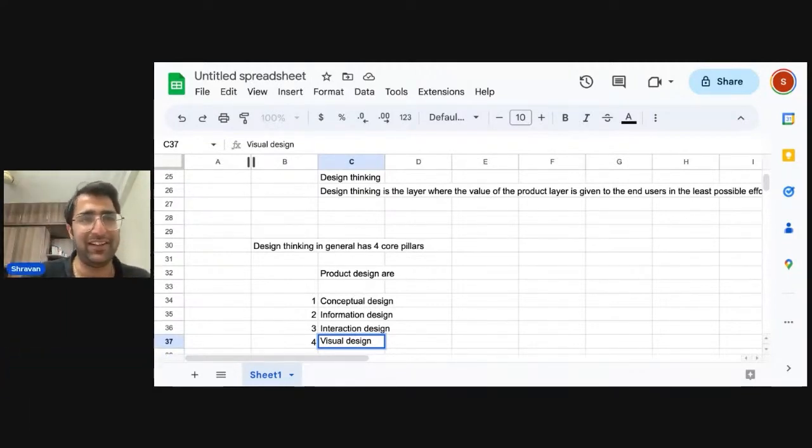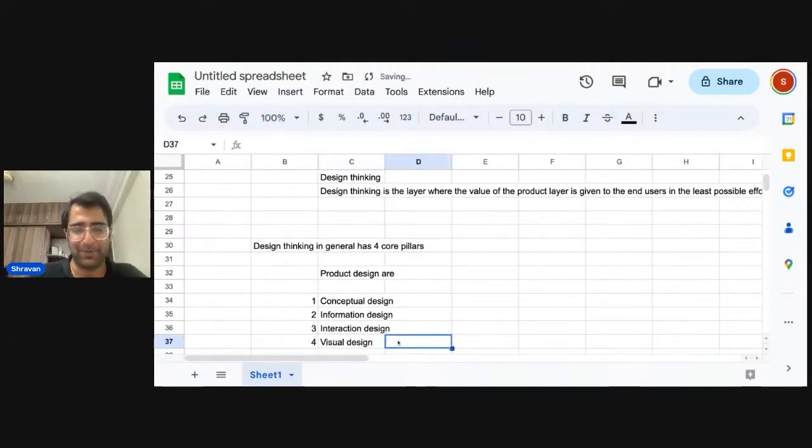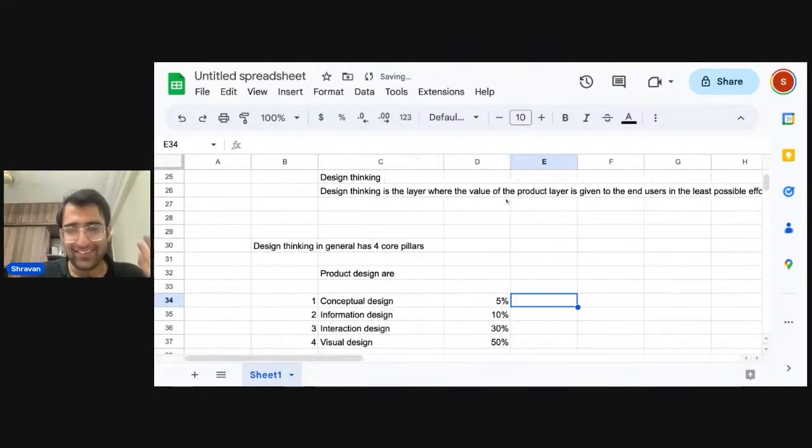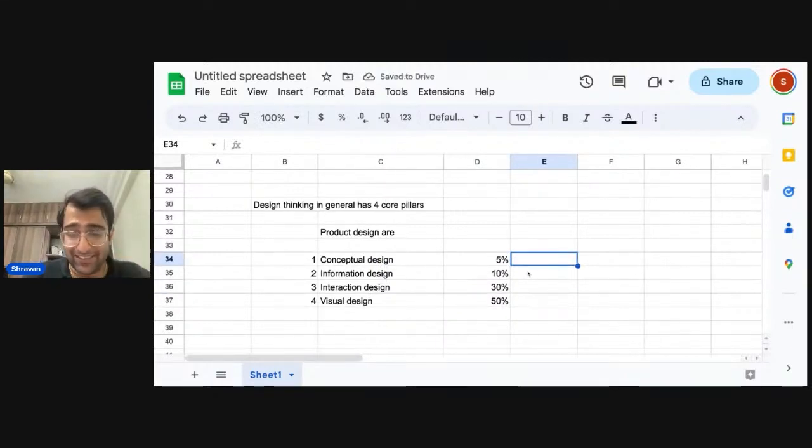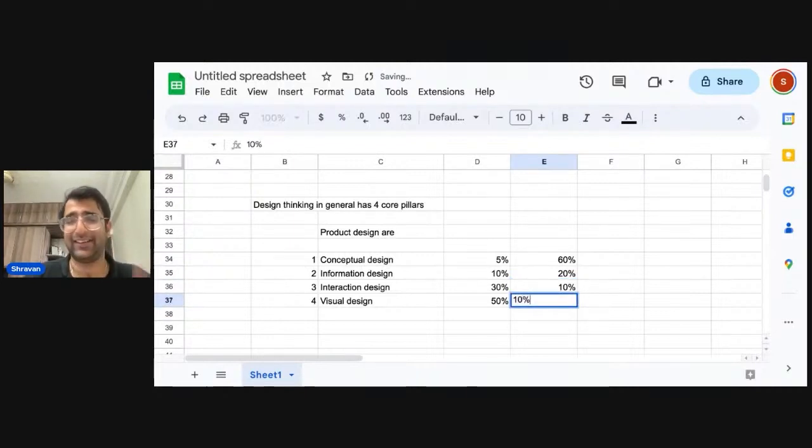So unfortunately, the way people build products is they spend 50% here, maybe 30% here, maybe 10% here. यहाँ तो सोचते ही नहीं हैं, 5% होगा probably, right? On the contrary, great product managers do 60% here, 20% here, 10% here, and probably 10% here.